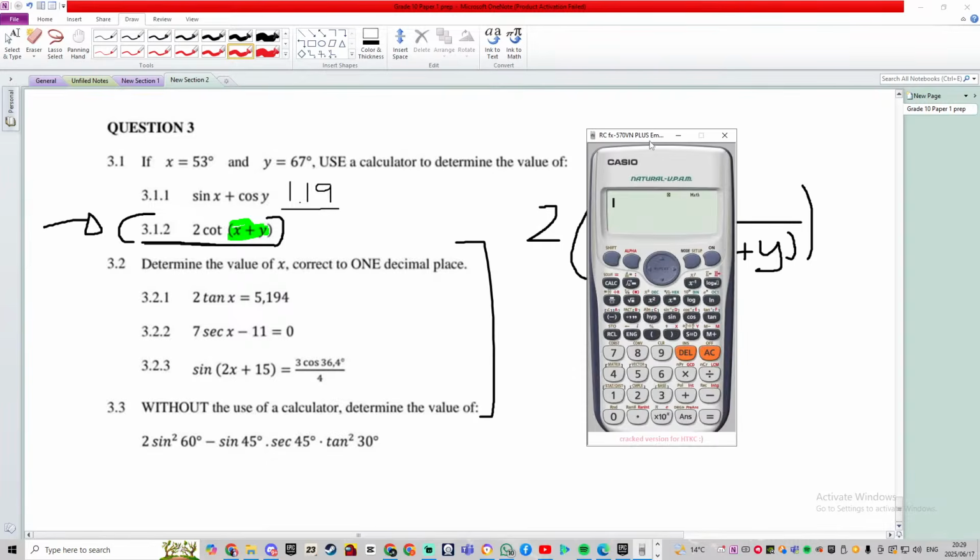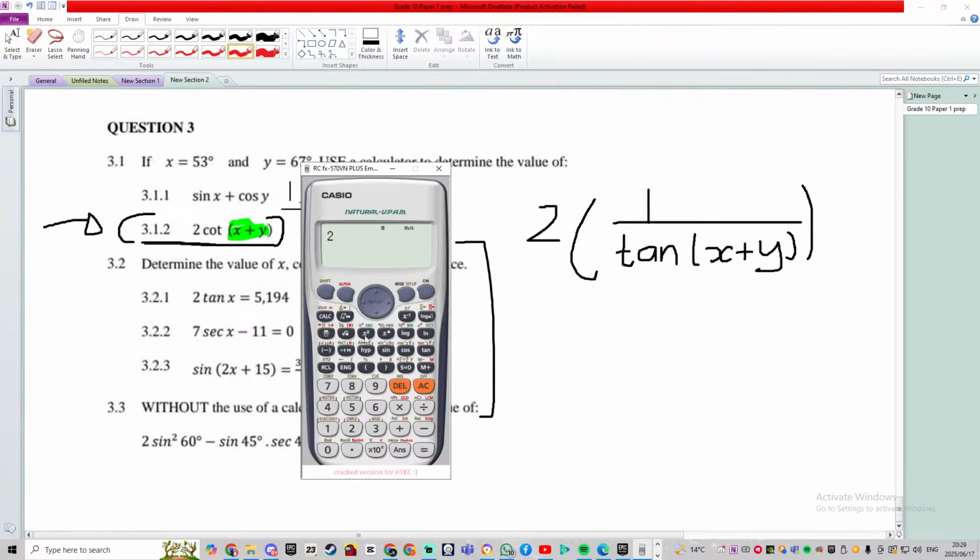Yeah, we put that into our calculator. 2 times 1 over 10, x plus y is 53 plus 67. Syntax error. Oh, because I put 2 brackets. Guys, by the way, if you get syntax error in your calculator, it means you made a mistake with the brackets or something there. Okay.